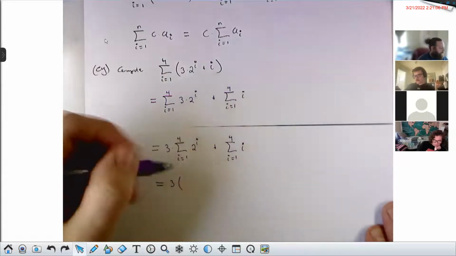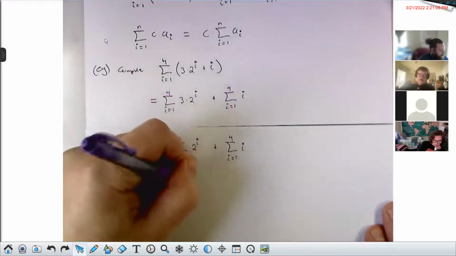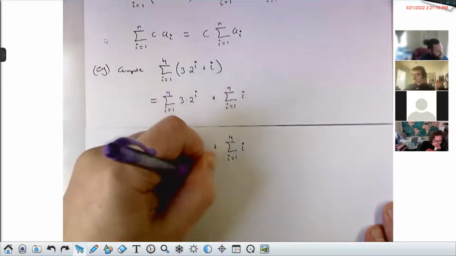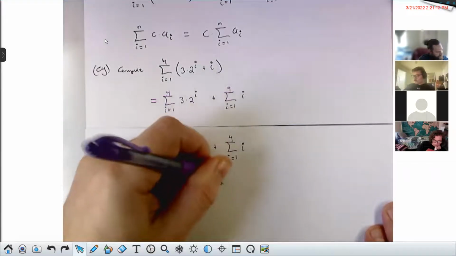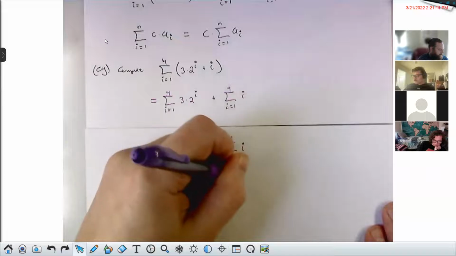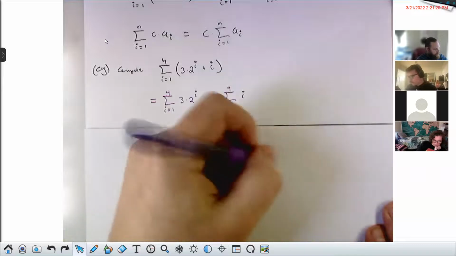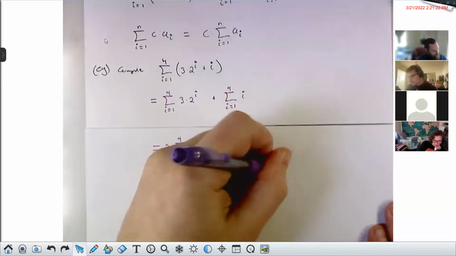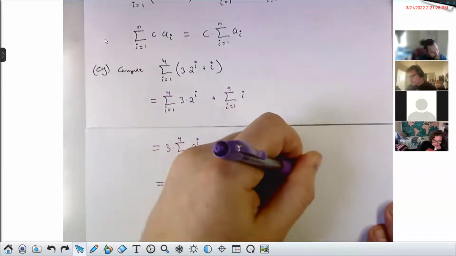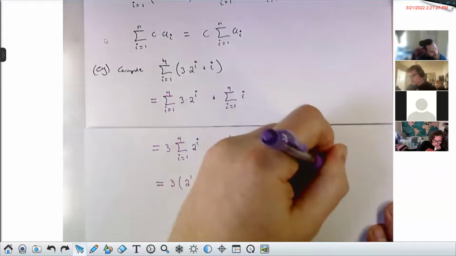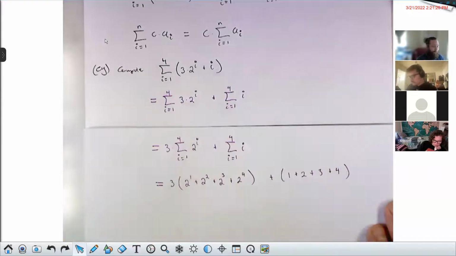So here, 2 to the 1 plus 2 to the 2 plus 2 to the 3 plus 2 to the 4 is this part here. And then the sum from 1 to 4 of i itself is 1 plus 2 plus 3 plus 4.